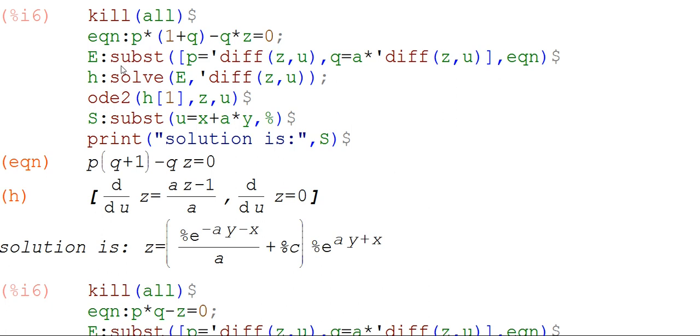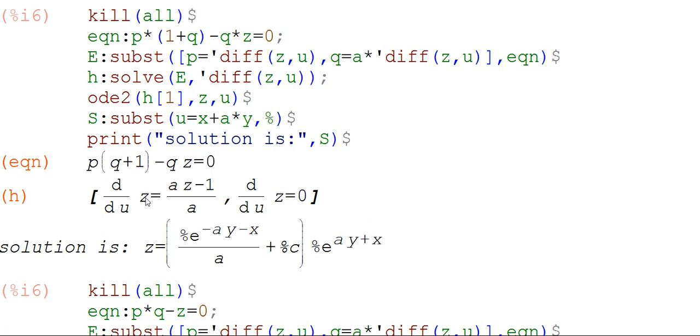So now again here substitute P into DIFF of Z comma U, Q into A into DIFF of Z comma U in the equation. Already I have explained all the commands in the previous problem. The only thing is I have changed the first equation here, and now see the output of this.